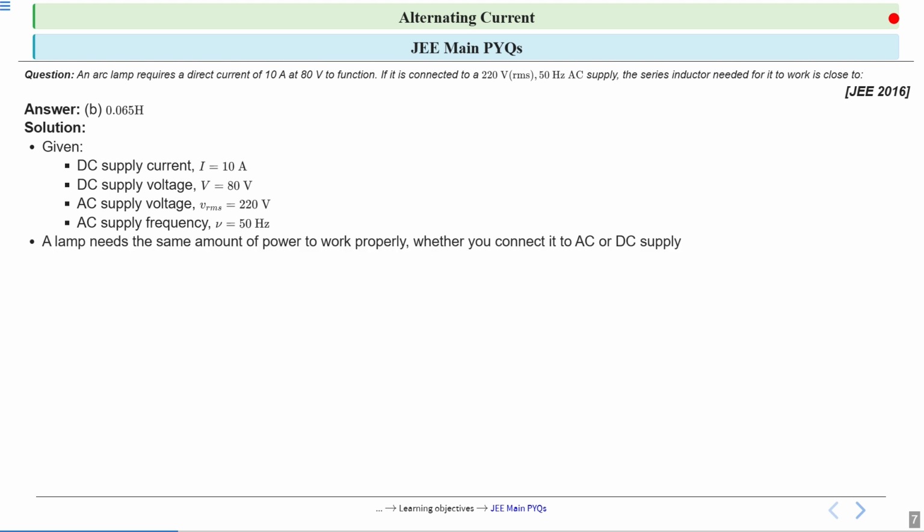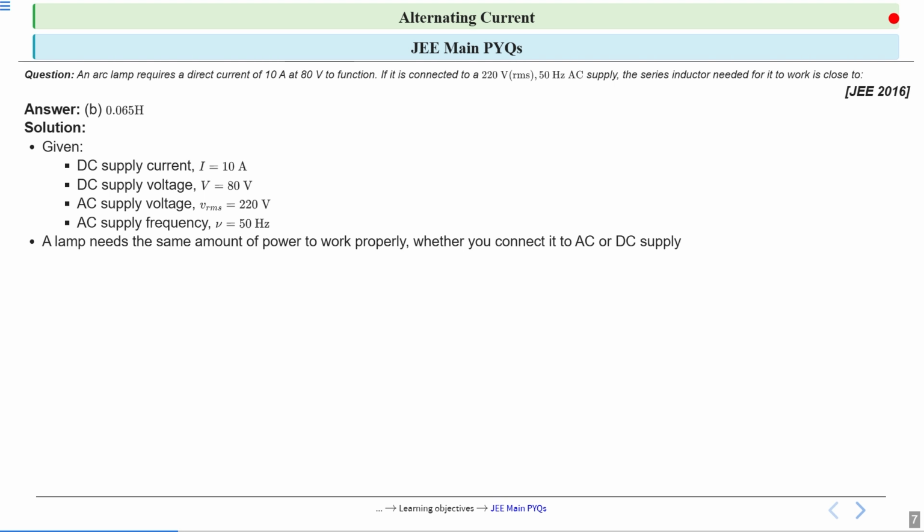A lamp needs the same amount of power to work properly, whether you connect it to AC or DC. So the power delivery and power dissipation should be the same in both cases. The resistance is the same, because the arc lamp is the same and resistance will not change.